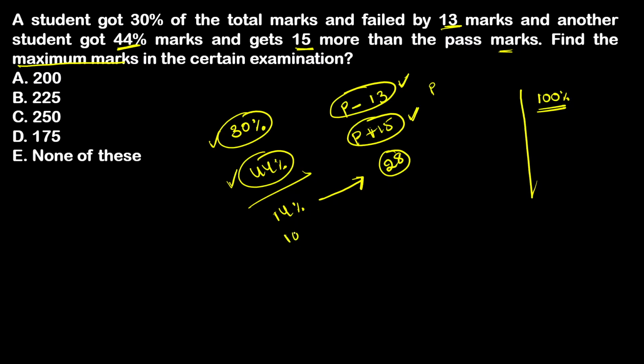As we discussed earlier, maximum marks is 100 percentage. If 14 percentage is 28, then 100 percentage will be 200. 14 times 2 is 28, so 100 times 2 is 200. Is this clear, everyone? Have you understood?